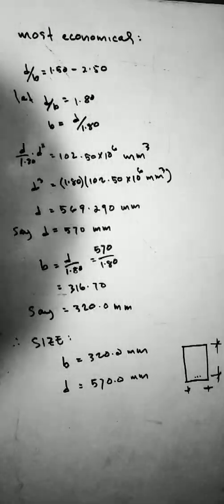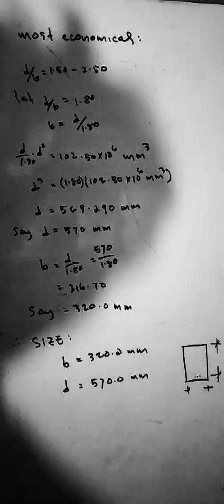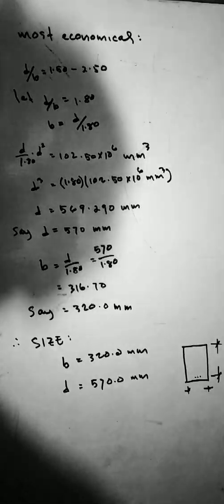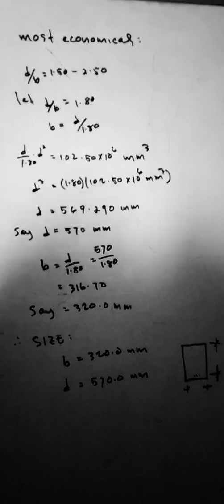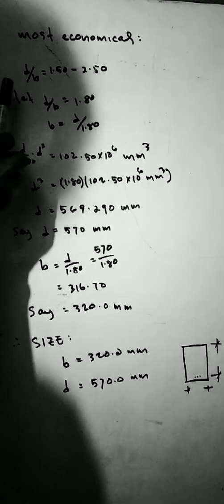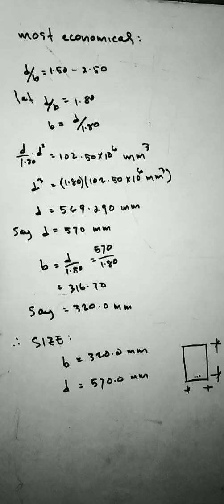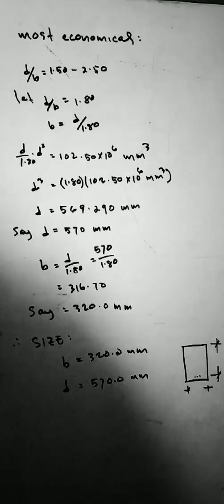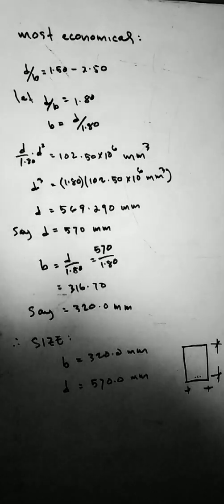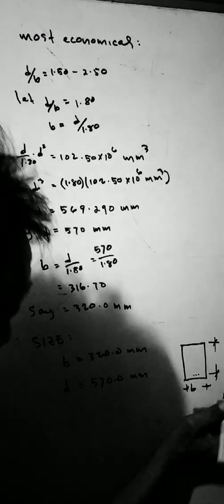next we have to assume the ratio of the base to the effective depth of the section. Now, the most economical section is when the ratio ranges from 1.50 to 2.50. That is the most economical ratio between the base of the section, this is the base, and this is the d.